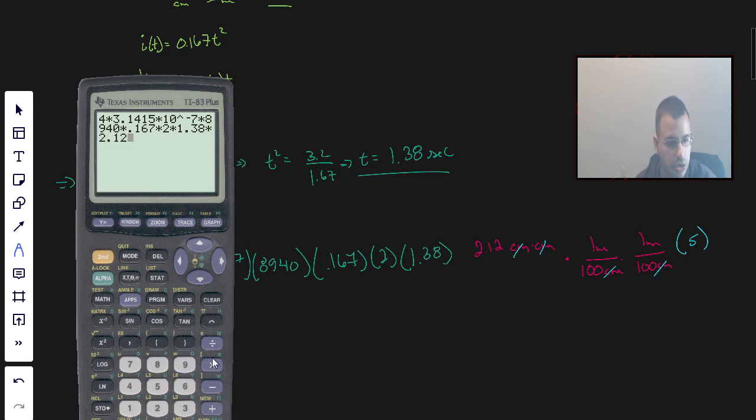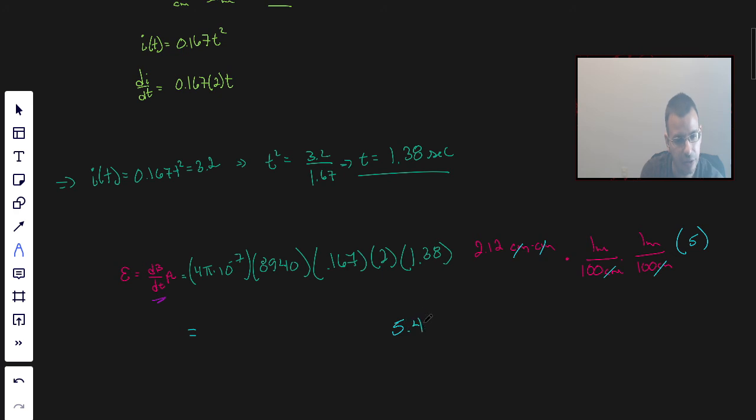Times 2.12 divided by quantity 100 times 100, times 5. Maybe. Let me check, see what this is. 5.46 times 10 to the negative 6 volts.